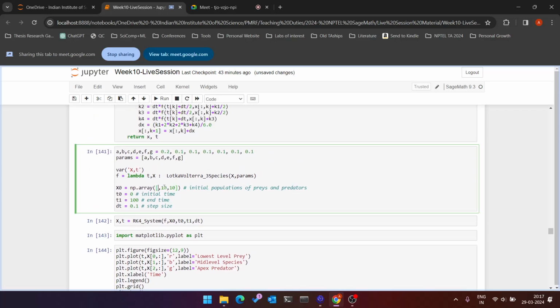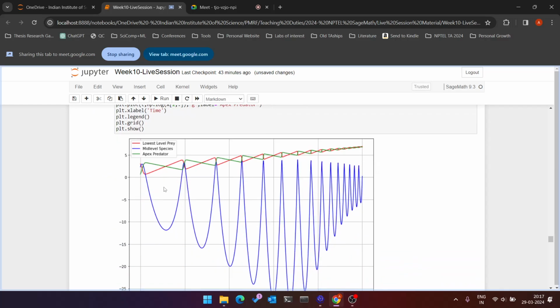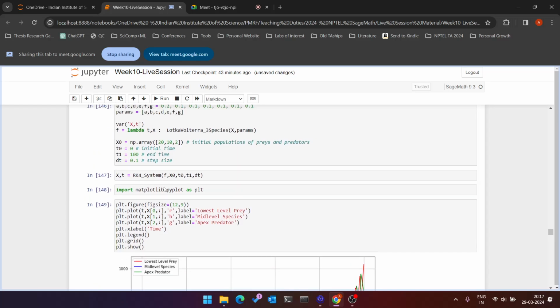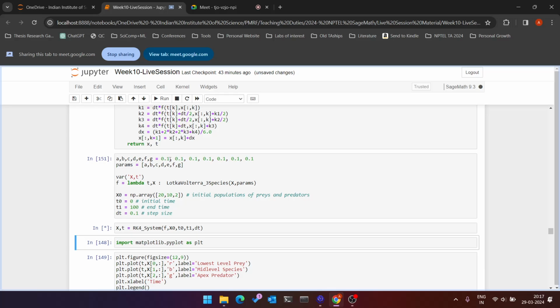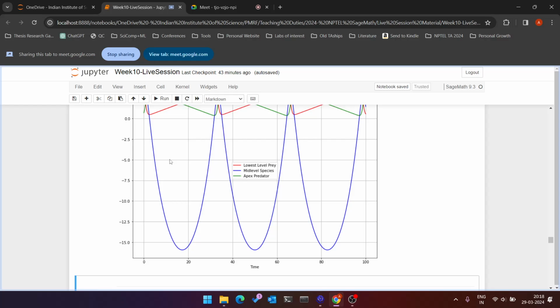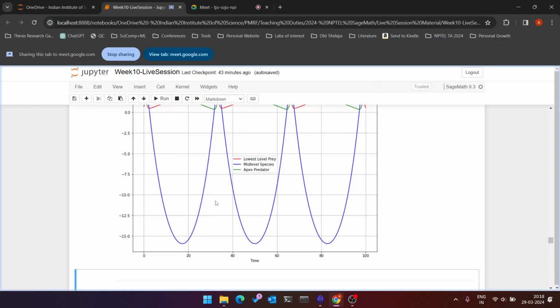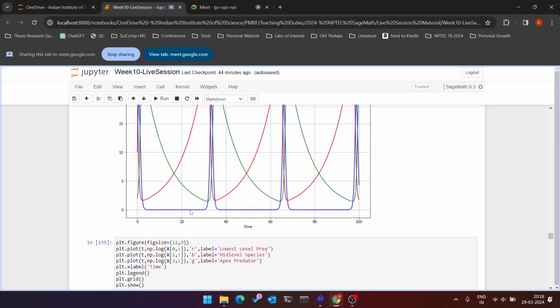Okay, if I go back again to my chosen set of parameters, the mid-level species population is almost going to zero at some points, which is also visible.